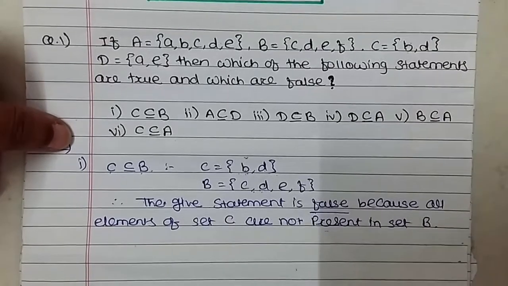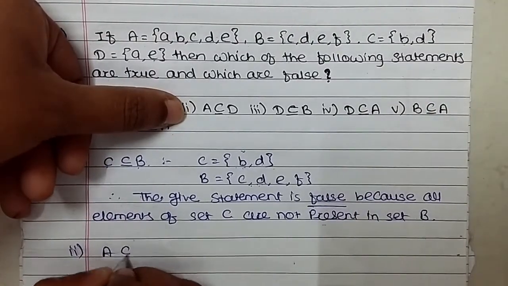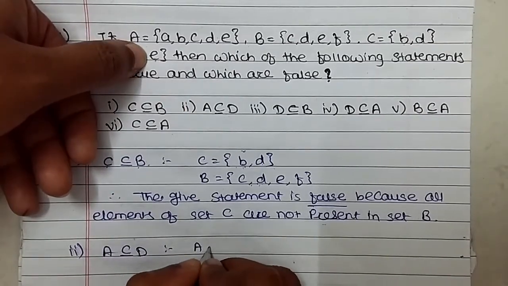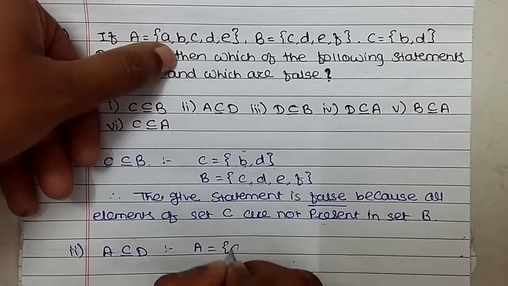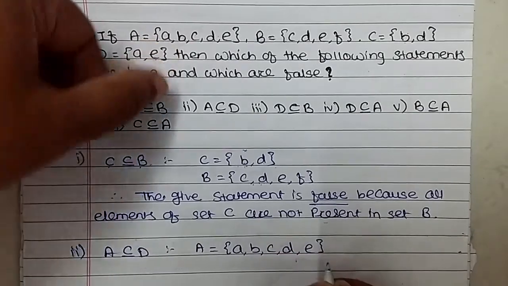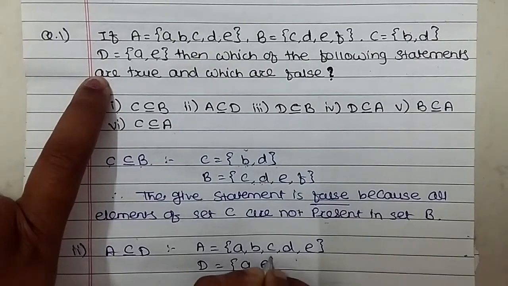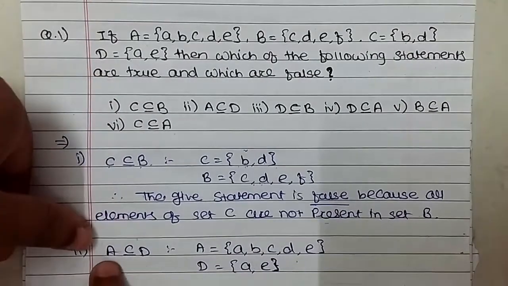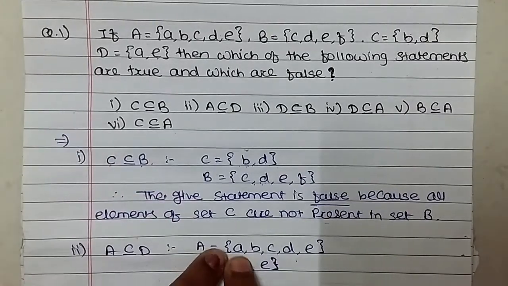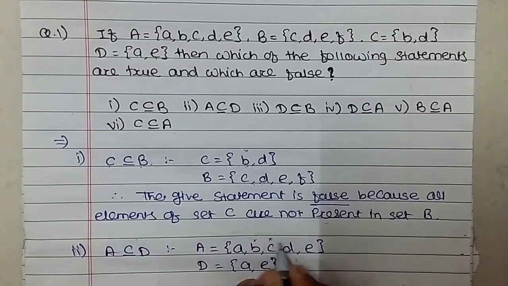Check the next statement, that is the second: A is a subset of D. So write down the A set: A, B, C, D, E, and write down the D set: D is equal to A, E. Then check whether A is a subset of D. B is not present, C is also not present, D is also not present.